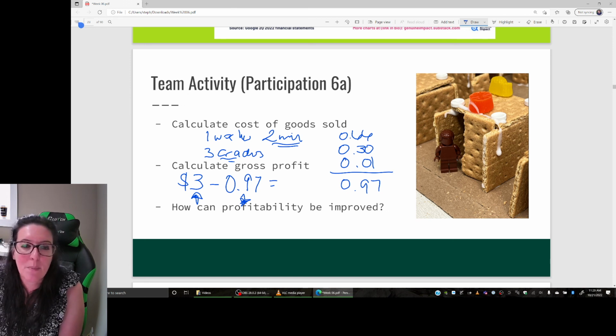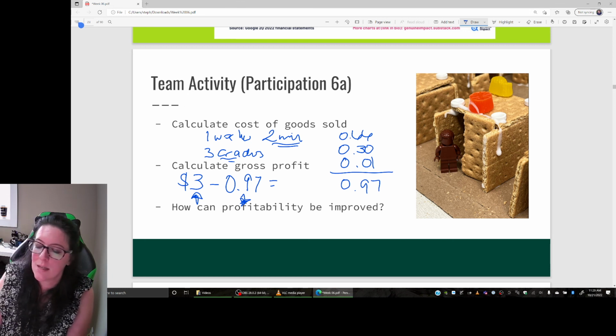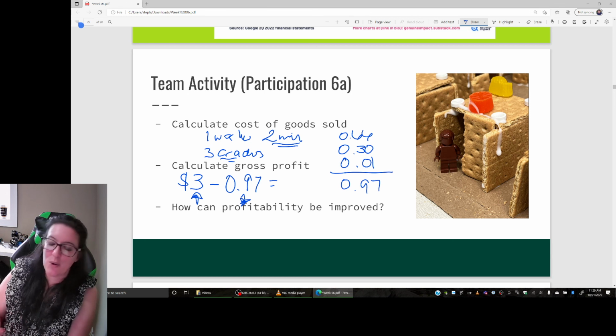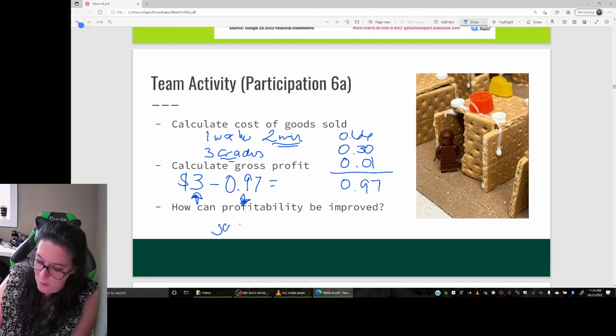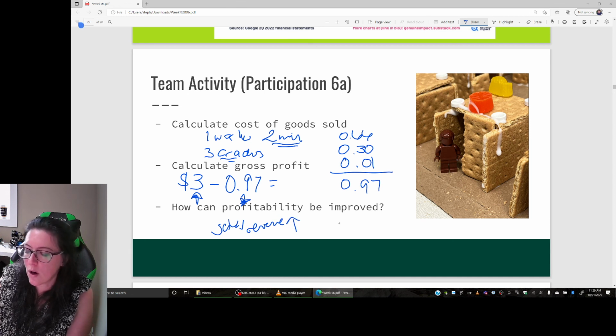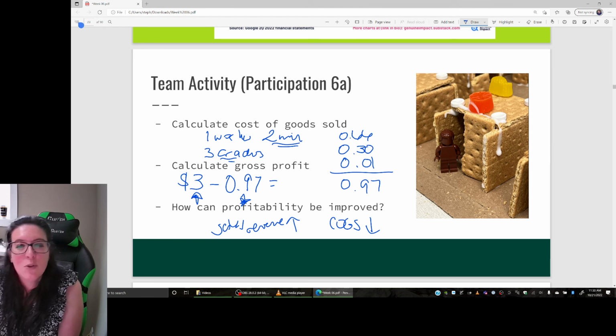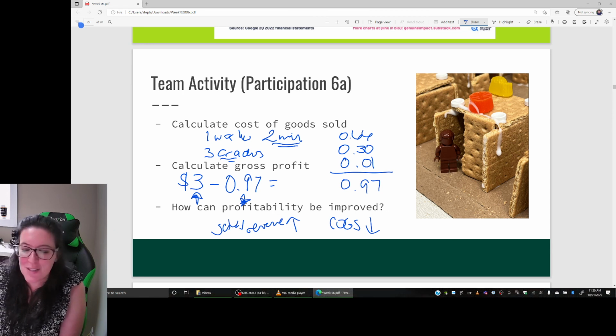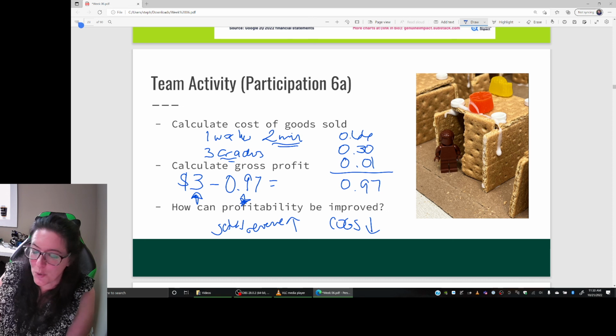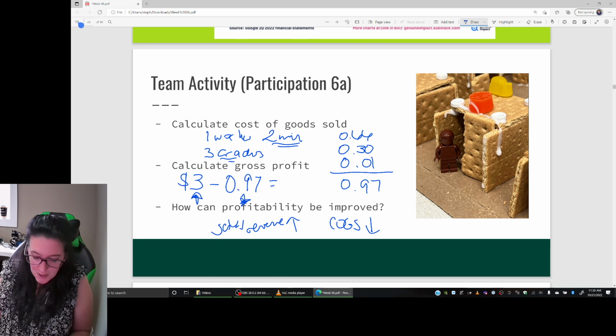So I need to be able to find customers who are willing to pay a higher price, in which case my sales revenue would increase. So I need either my sales revenue to go up or I need my cost of goods sold to go down. So if you're working through that demo with us, then talk about how you could improve your profitability for your gingerbread house and calculate your cost of goods sold and your gross profits.